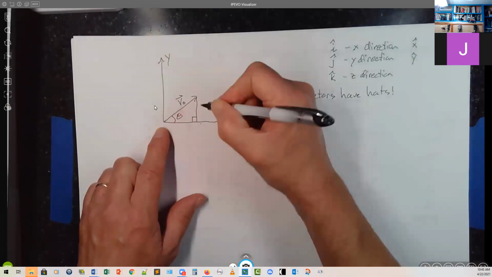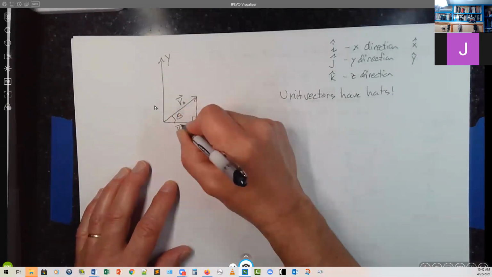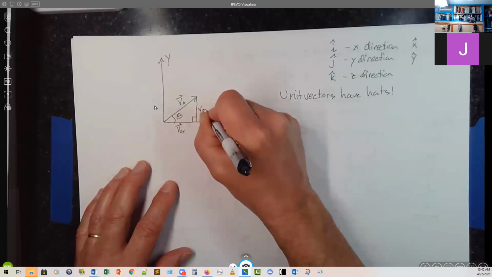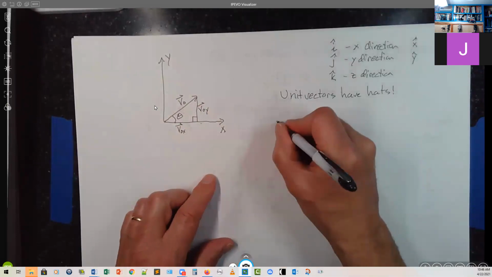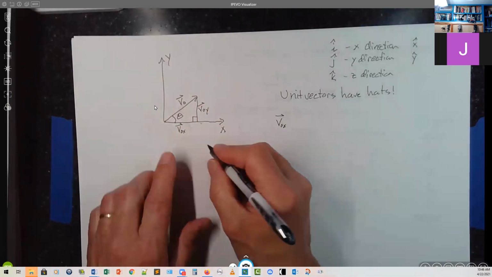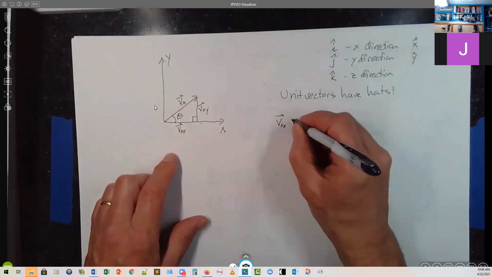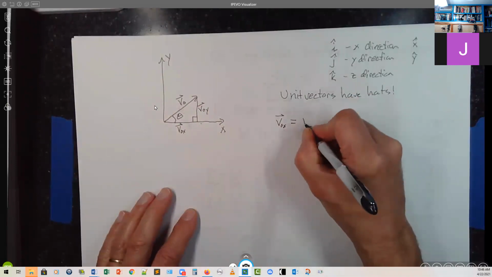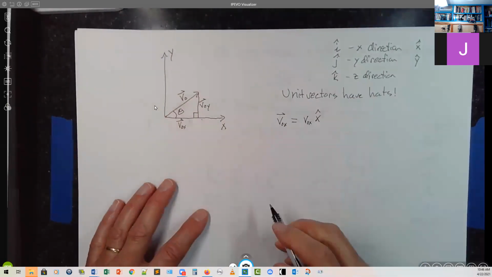And I'm going to split it into a v naught x and a v naught y, which are two vectors at right angles to each other. And so I'll have something like that. Now, v naught x, remember we figured out that the magnitude of v naught x was v naught cosine of theta. I could write this as its magnitude times a unit vector in that direction.